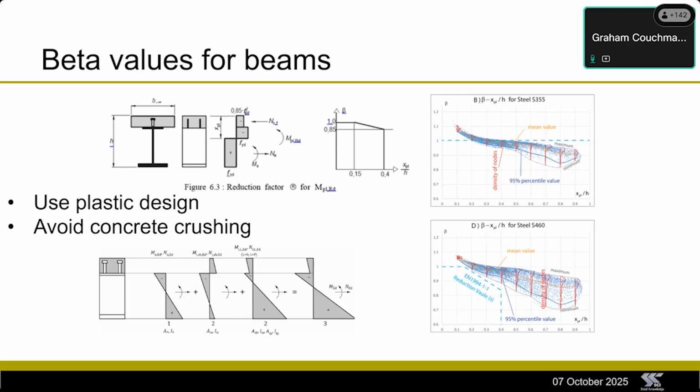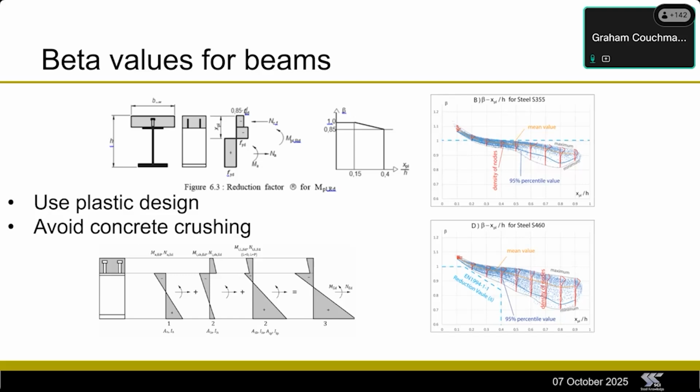So in some situations, this beta factor is used to reduce the plastic resistance of the composite section, so that you can still do nice and easy and cheap and cheerful plastic design without having to think about what the actual strains are. You just put in a reduction factor.